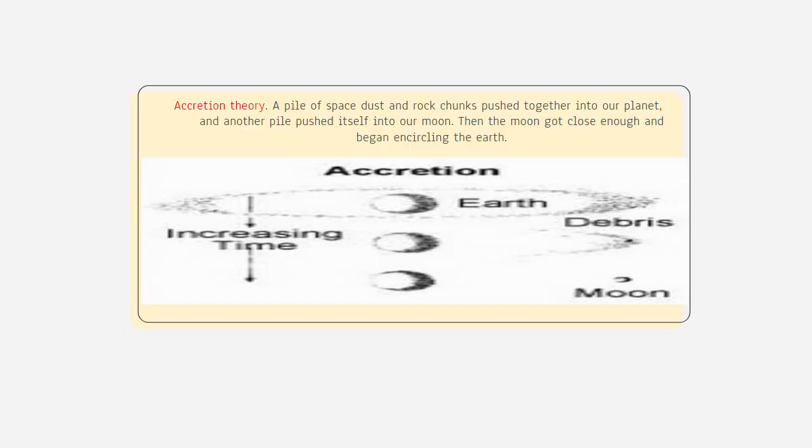Next one, we have the accretion theory. So a pile of space dust and rock chunks pushed together into our planet. So another pile pushed itself into our moon. So then the moon got close enough and began encircling the Earth.